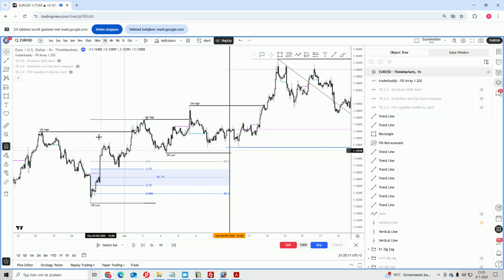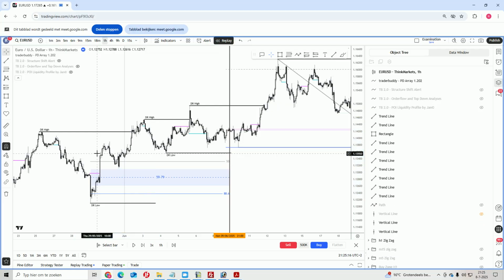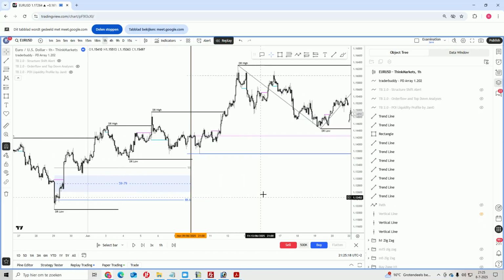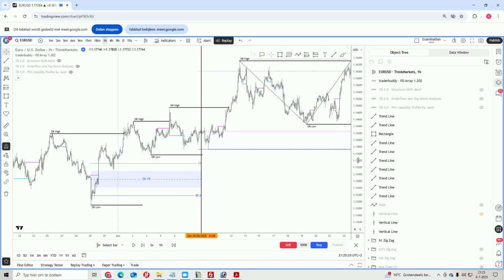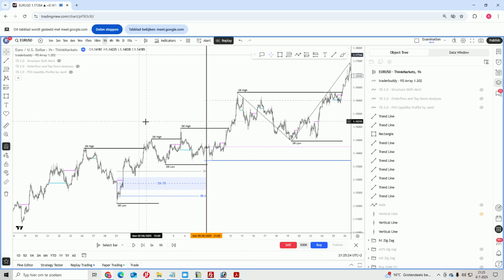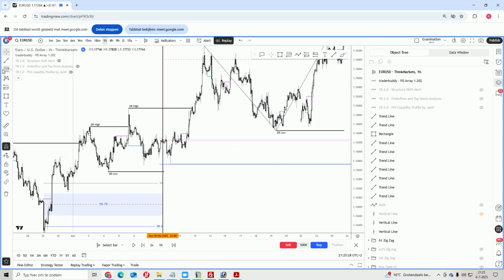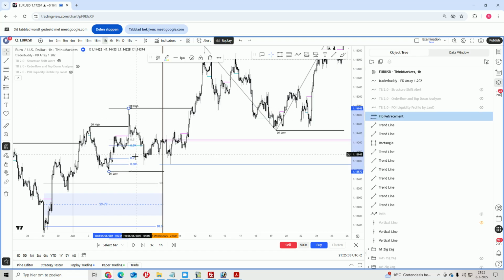Okay. So now we delete the fib, because the more stuff we have on the chart, the more complex it becomes. So here you do the same. As soon as we make a new break, you do the same, and you mark off these zones.